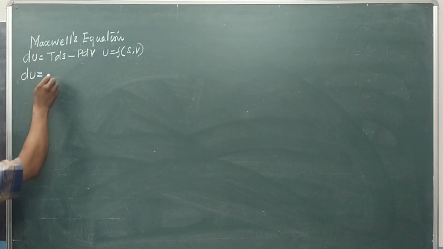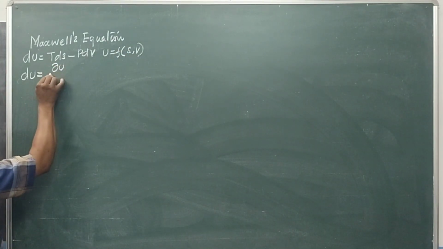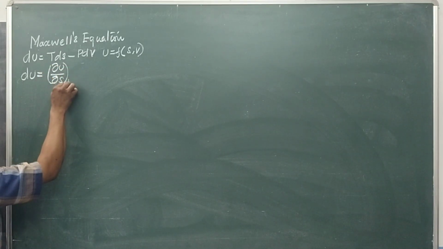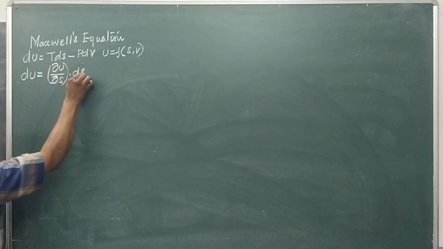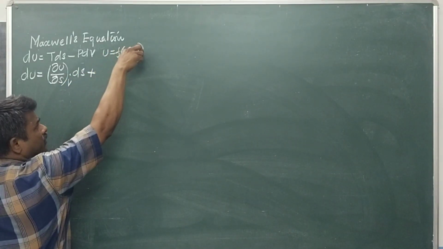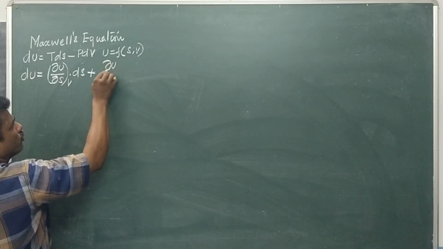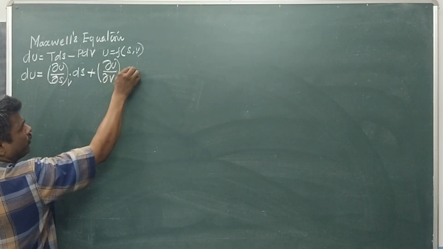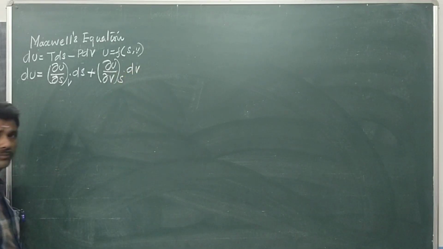Clear? Now I am going to write this equation: dU = (∂U/∂S) at constant V dS plus (∂U/∂V) at constant S dV.